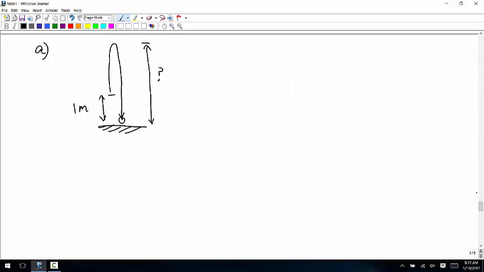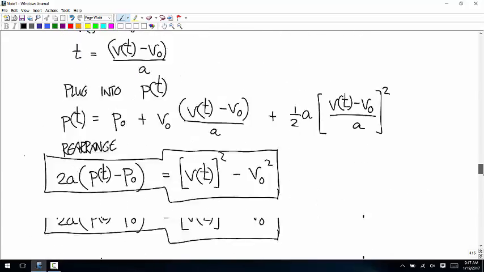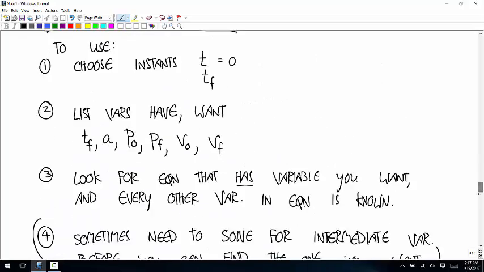So the steps, let's just go through these steps carefully. We have to choose. Oh, you know what? I'm sorry. Go back to these steps. I skipped two things that we need to choose. So we do have to choose those two instants. But we also have to choose, remember when I first talked about what you need to define before you can draw a position versus time graph or define position as a function of time.